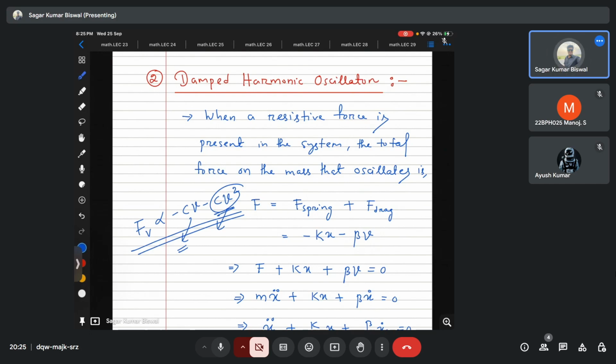So this is the viscous force for any medium. Usually we ignore this term and we just consider the term proportional to the velocity, right? This is the concept.